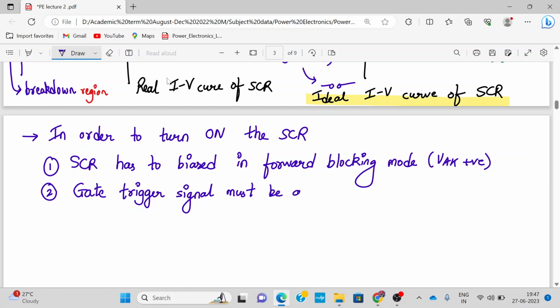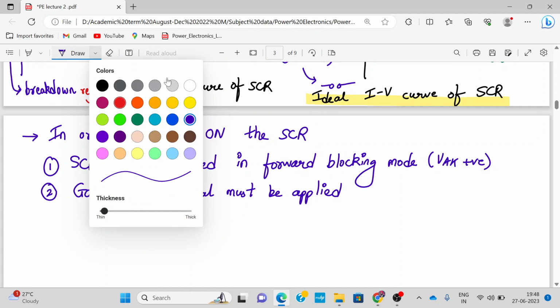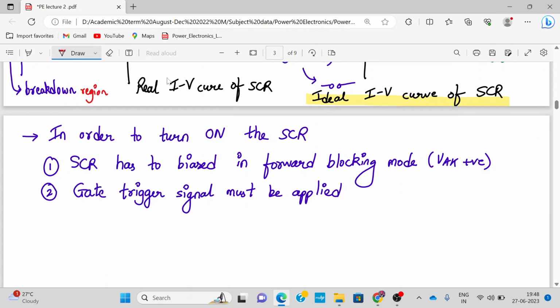So both the conditions are a necessity. Only one condition will not turn it on, and this gate trigger pulse must be applied for positive values of Vin. Whether Vin is AC or DC, it's irrelevant. It should be a positive value.